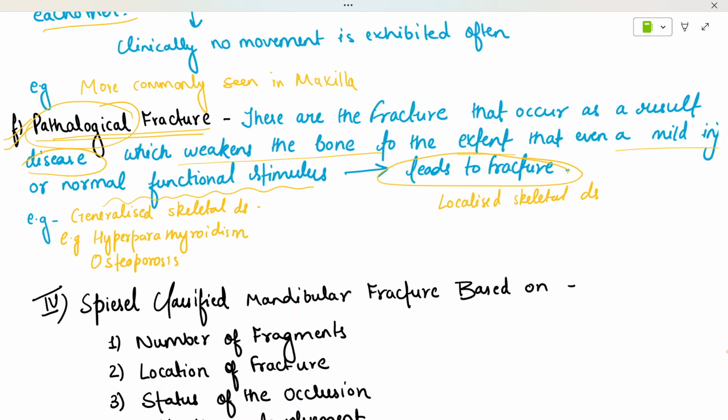Under localized disease there are many, for example odontomas, cysts, and most commonly in case of osteoradionecrosis. These are the diseases that weaken the bone, and because of the weakening, that bone eventually fractures.